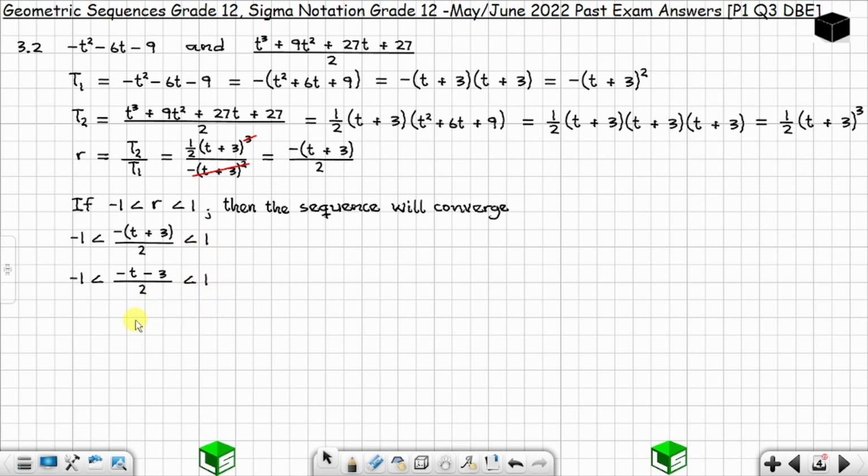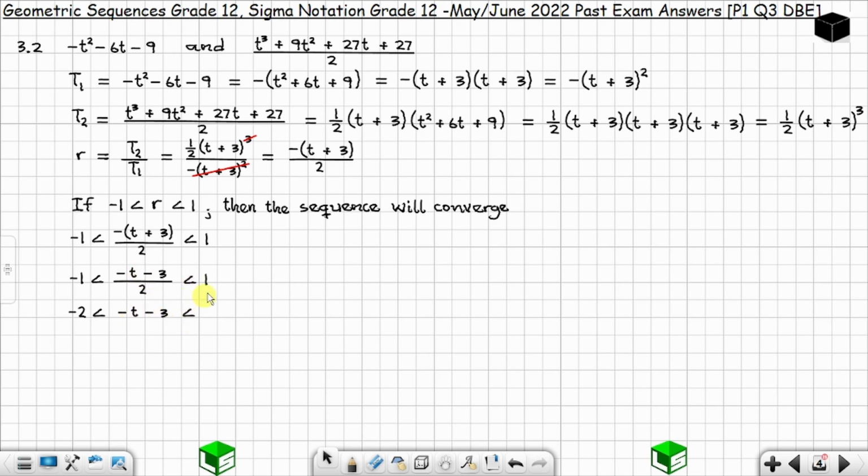Okay, you carry on. What you can do is to get rid of the 2. What you have to do is to multiply by 2 throughout. So you multiply by 2, you get -2, right? You multiply the -1 by 2, you get -2, and you have this. You multiply by 2, the 2 will cancel, you only remain with this, -t, -3, right?